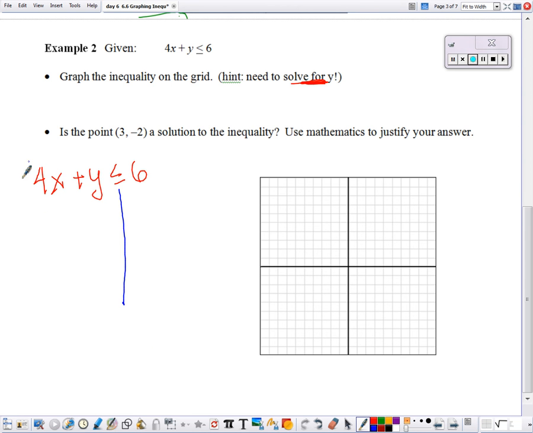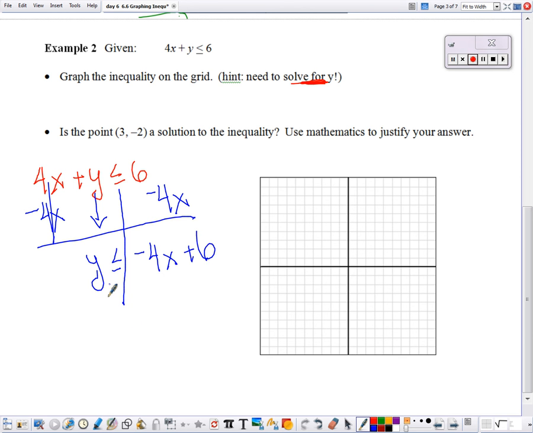And I have to move this value away from the y. So I'm going to do that with subtraction. These cancel and this comes down. I'm going to bring down my inequality. And I'm going to write these in our mx plus b order. So my new equation is y is less than or equal to negative 4x plus 6.